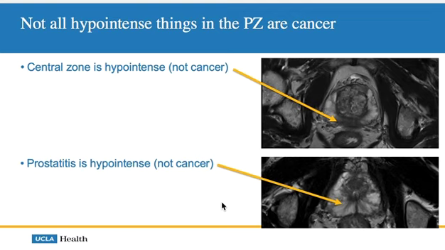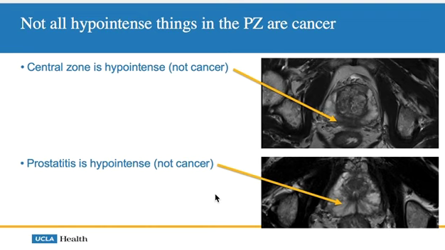The other thing that we see quite often in the peripheral zone that is not a prostate cancer are signs of possible prostatitis. Prostatitis is a pretty common finding on prostate MRIs. Prostatitis looks different than prostate cancer because rather than having that kind of poorly demarcated, smudgy appearance, it often has this kind of striated appearance. So you can see that there's a stripe here, there's another stripe here, and there's another stripe here.